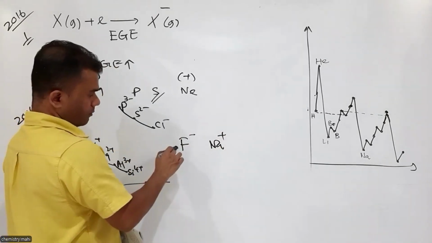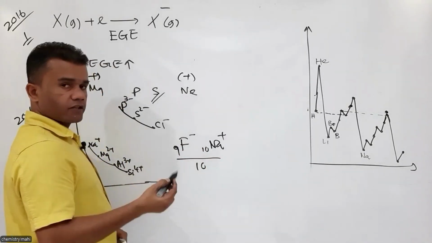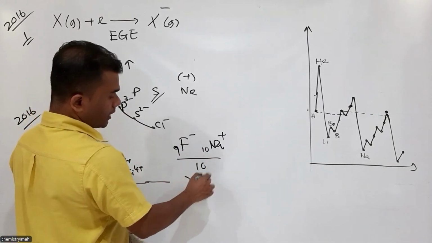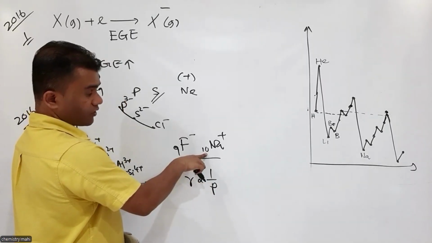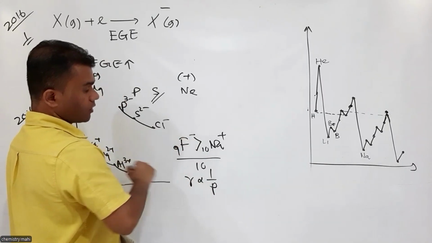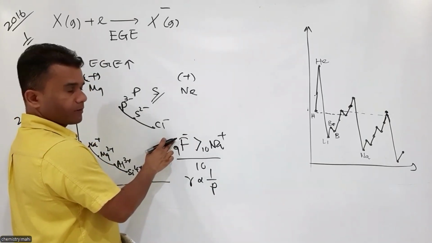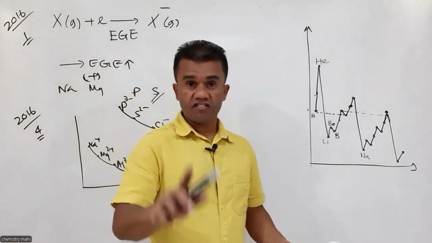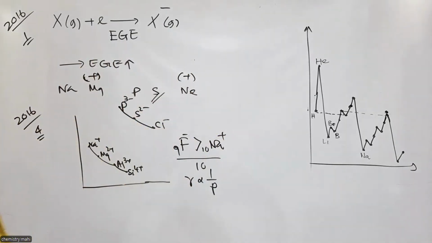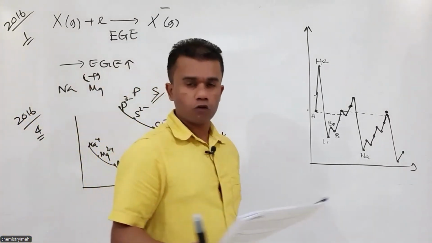Look at this: atomic number 9, atomic number 11. Both have 10 electrons, isoelectronic. Radius is inversely proportional to the proton number: as protons increase, size decreases. So sodium plus is smaller. In other words, the anion formed by a second period element is larger than the cation formed by the third period. The fifth one is correct. They ask for the false statement, so according to that it is the fourth.